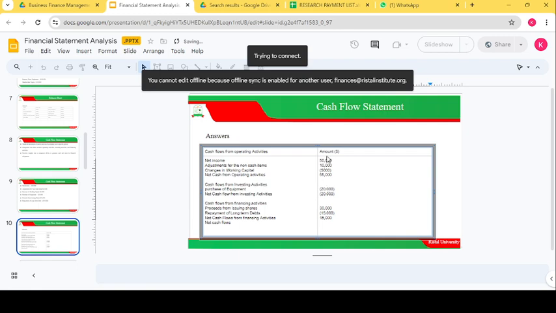If you add, you'll be able to know whether we have net cash flows or inflows. If it is positive, the inflows are more than the cash outflows.